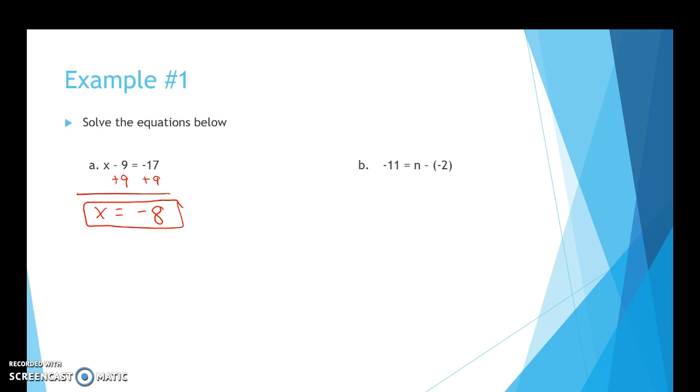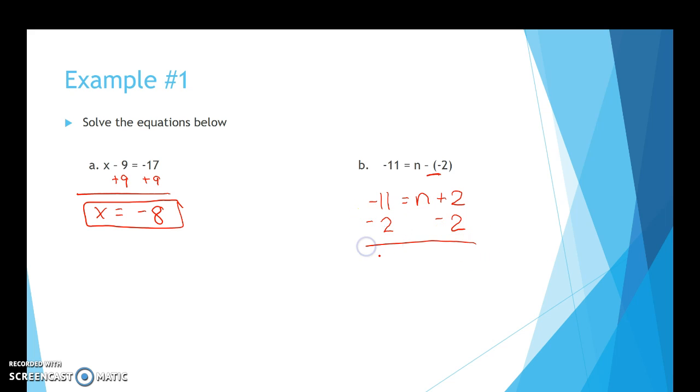For B here, we have negative 11 equals n minus negative 2. Well, remember from the last chapter, double negatives become positive. So we need to think of this as negative 11 equals n plus 2. We need to isolate the variable. Our variable here is n. So we need to get that all by itself. So we have to undo this plus 2. We have to get rid of that. So we're going to subtract 2 from both sides.